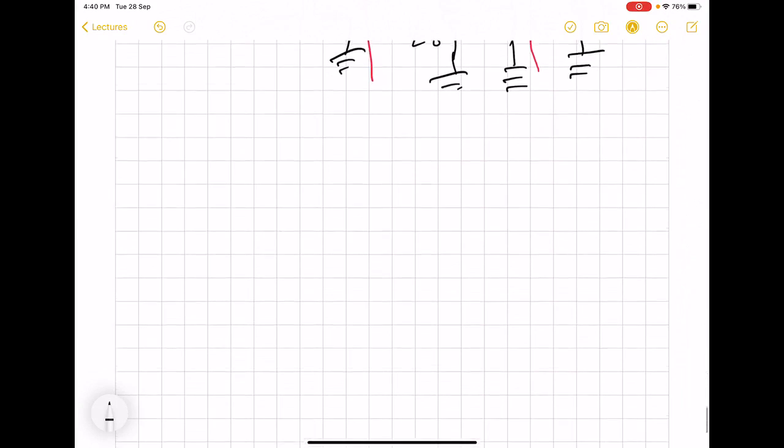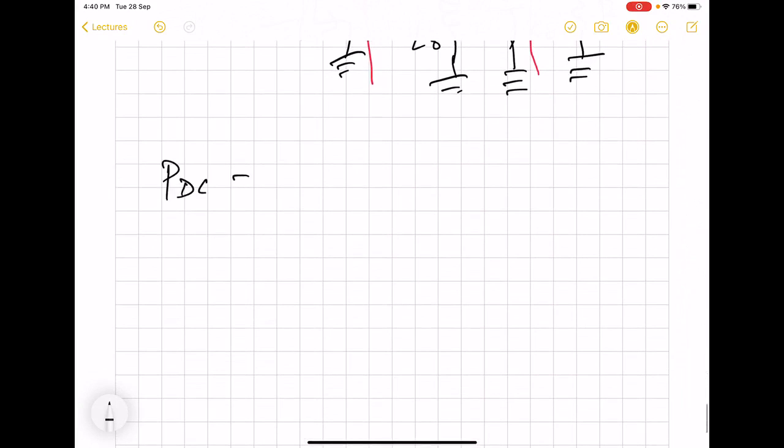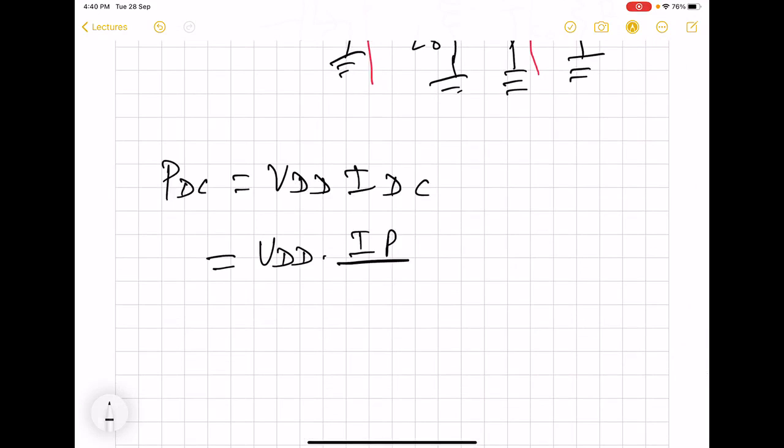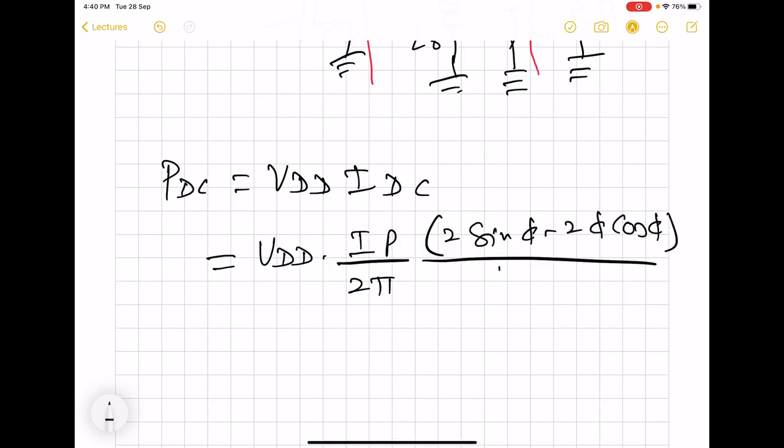Now we can calculate the DC power, which is VDD into IDC. And IDC part we have already derived. So this becomes VDD into IP, peak of the drain current, into 2 pi multiplied by 2 sine phi minus 2 phi cos phi divided by 1 minus cos phi.